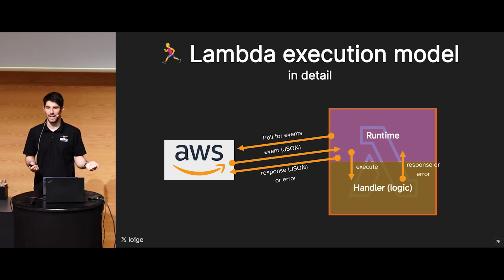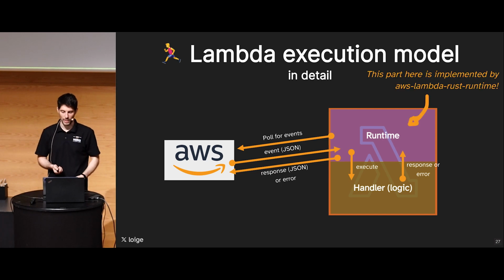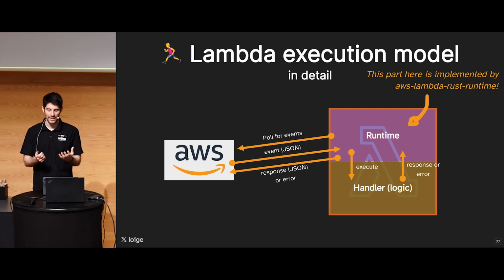Because imagine this is an HTTP request. There is a client making a request, which gets converted to an event. The event arrives in our handler and produces a response. We need to return that response all the way back to the client. So this is why the runtime is there: to make sure that all this information comes in and out in the right way.